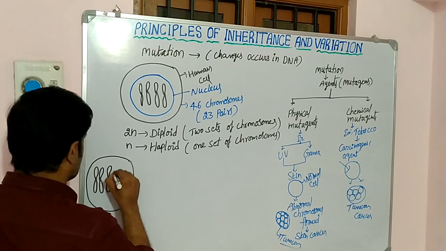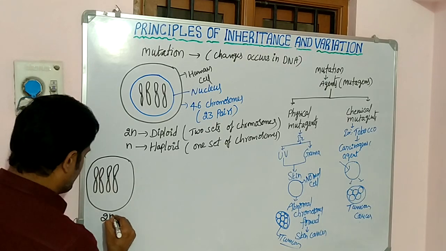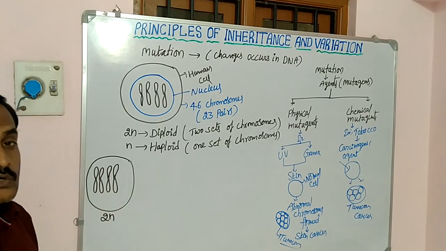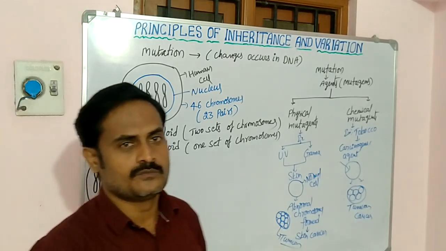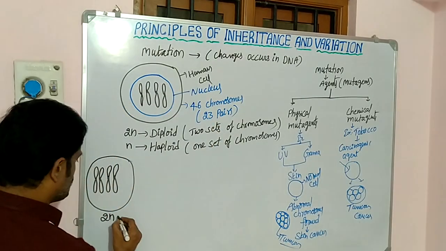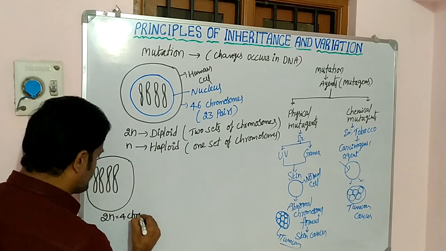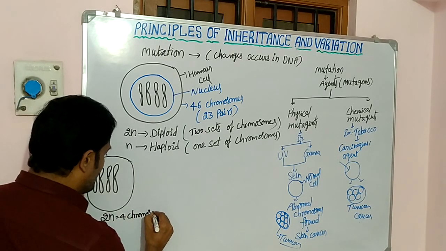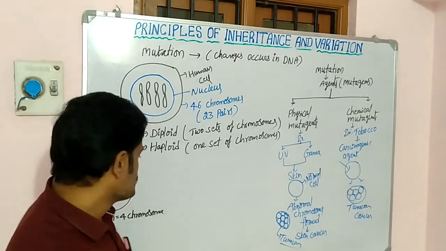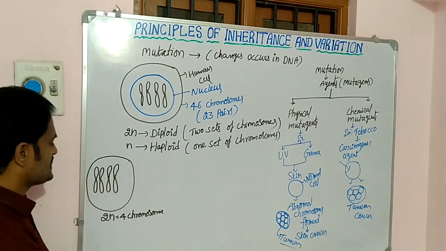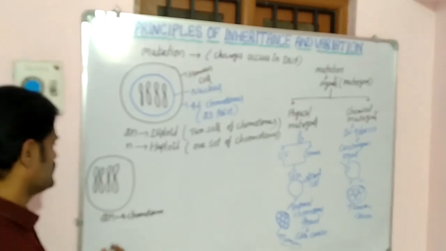Suppose this is a 2n condition cell. 2n means, remember, n equals 2 chromosomes. 2n equals how many chromosomes? 4 chromosomes, remember. Why? Chromosomes are always in pairs. So this is a normal cell which consists of the normal chromosomes.